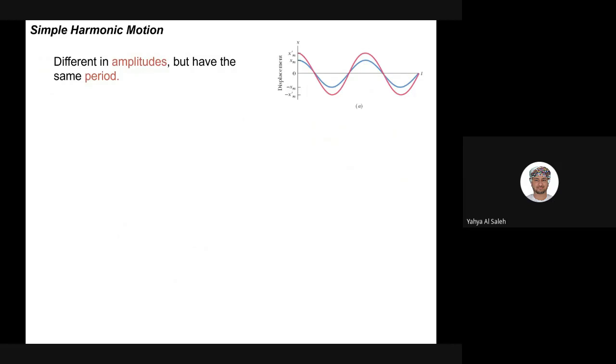Different amplitude, so they have different maximum and minimums, but the same amount of time to start and finish. You will see that they both start here, they're both at minimum here, they're both at maximum here, they're both at 0 here, they're both at minimum here. So they take the exact same amount of time, same period, but different amplitudes. One is higher, one is lower.